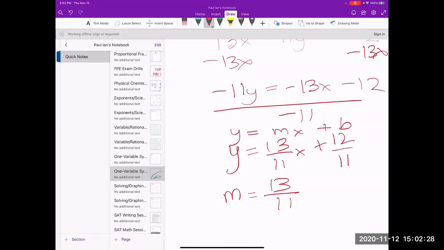Just 13 over 11, right? The x isn't there because it's just the m. The x is just a coordinate, right? Yeah. The slope is just the number in front of it. What about your b, your y-intercept? 12 over 11. Okay, good.